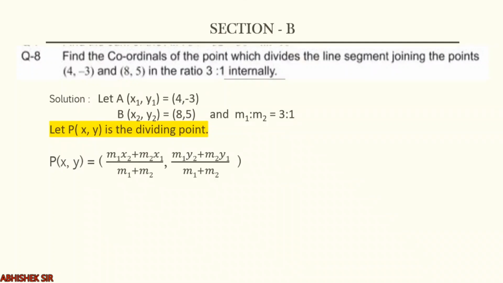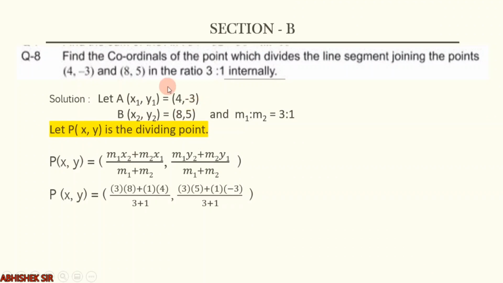So writing the formula, P(x, y) equals (m1 x2 plus m2 x1) upon (m1 plus m2), (m1 y2 plus m2 y1) upon (m1 plus m2). So this is the formula to find the coordinates of the dividing point of any line segment. Now just put the values. For example, m1 is 3, x2 is 8, then m2 is 1 and x1 is 4.